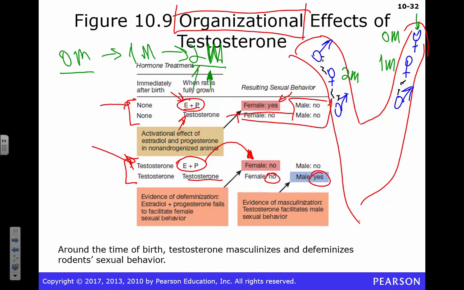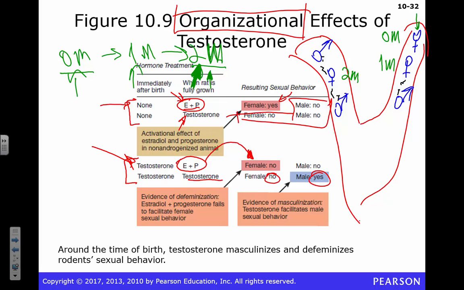As adults, the 2M females breed less often with the males. The males try to breed with them less, and they have fewer offspring throughout their lifetime as well, as compared to the 0M or the 1M females. It's kind of a cool story.